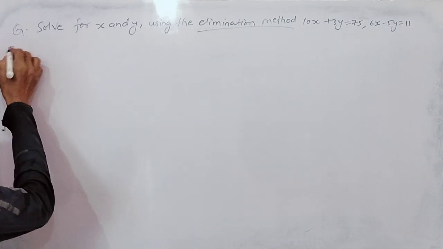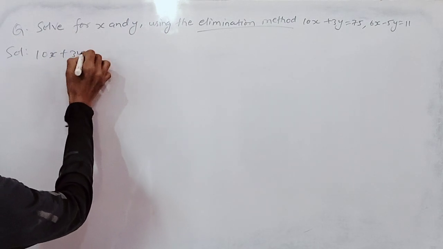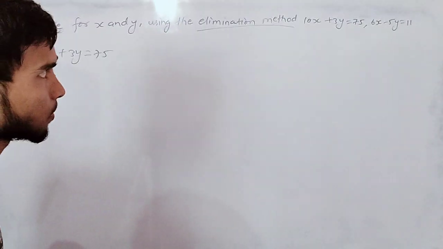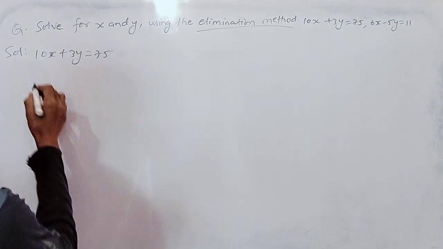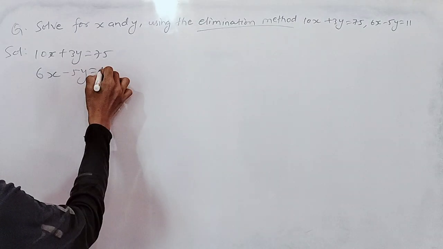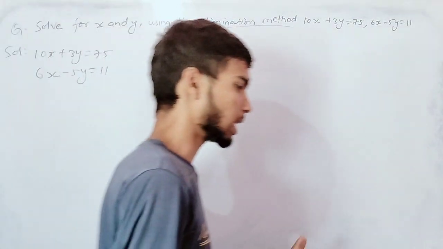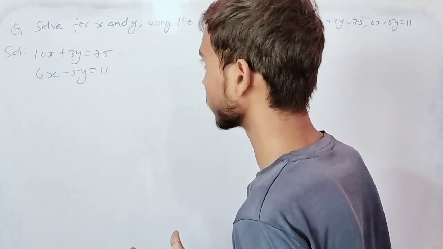You can see 10x plus 3y is equal to 75. This is the first equation. Now next, 6x minus 5y is equal to 11. There are two equations. We have to think about those numbers.